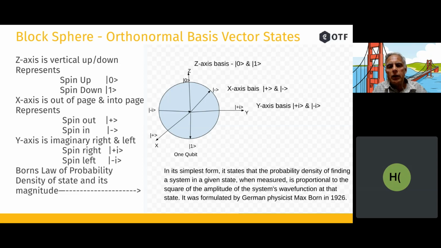A pure vector, a single qubit with a unit value, is always going to lie on the surface of the sphere. And the probability of where it is, what it is measured as, is proportional to the square of the amplitude of the system's wave function.